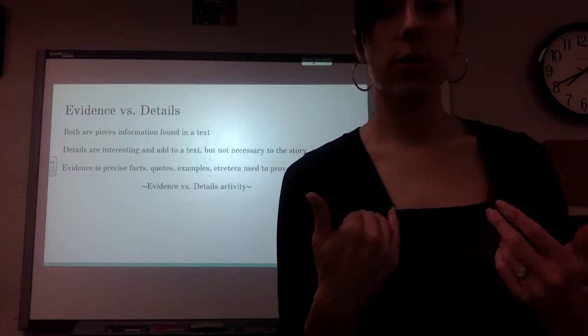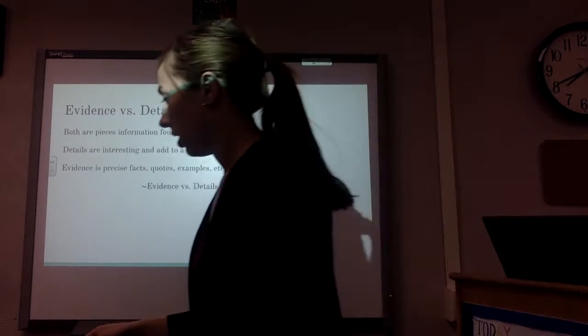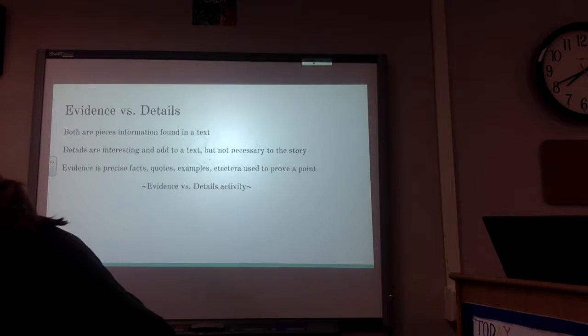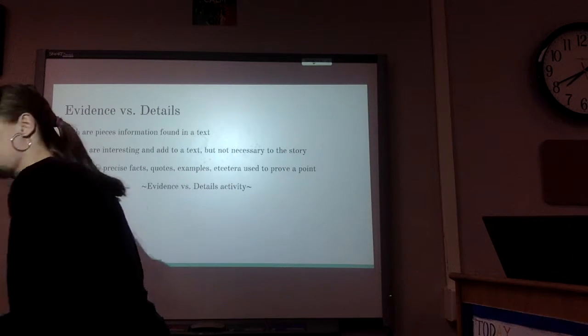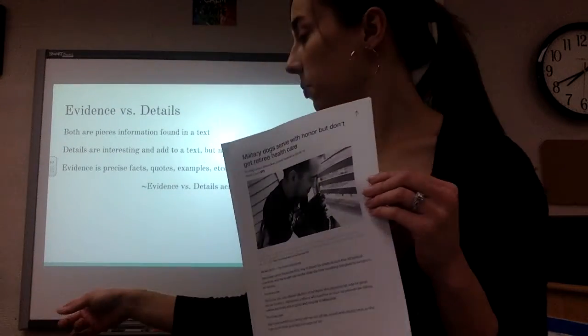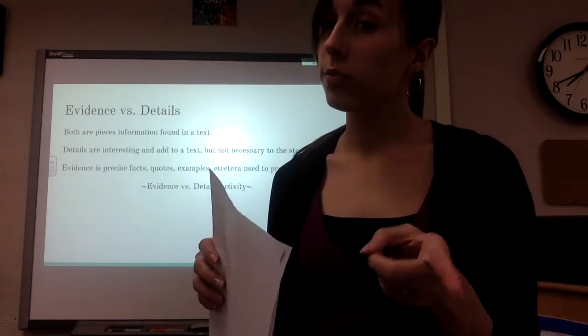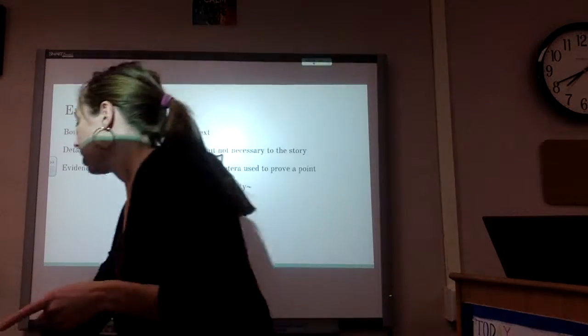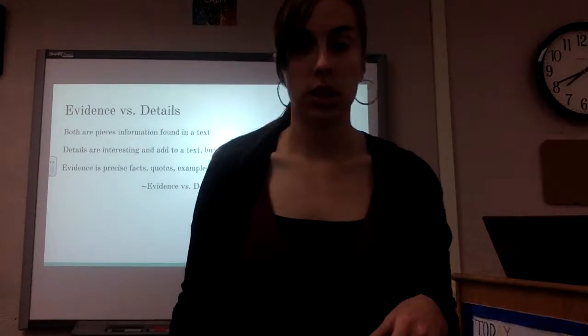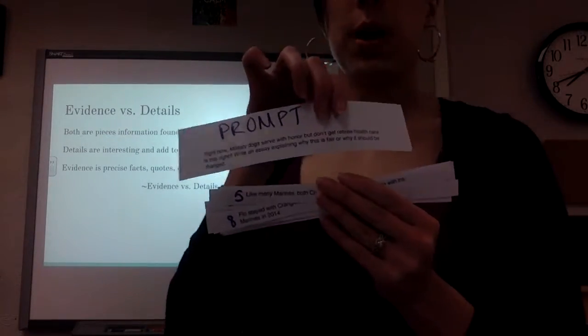Okay, so now we're going to do our little activity. Yesterday you read our paper about the Army dogs. If you want to go back and look at it, feel free. They're up on my cart up here, so feel free to come get it. But you should have one of your own in your folder. But our little activity is on these paper slips.